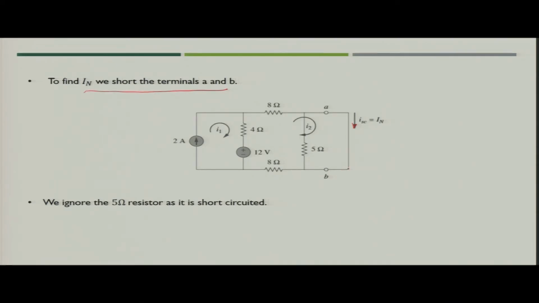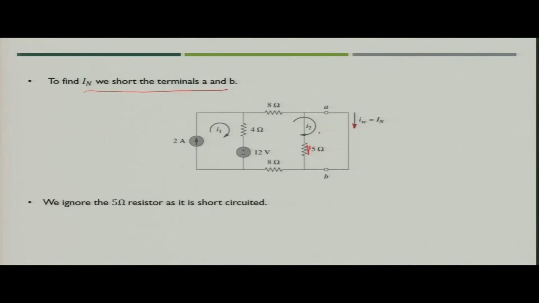Now, when you short circuit the terminal A B, what will happen? If you see the circuit carefully, you will see that 5 ohm is now in parallel with the short circuit wire. So, that means that 5 ohms resistance is also short circuited. So, you can neglect this 5 ohm resistance from the circuit.